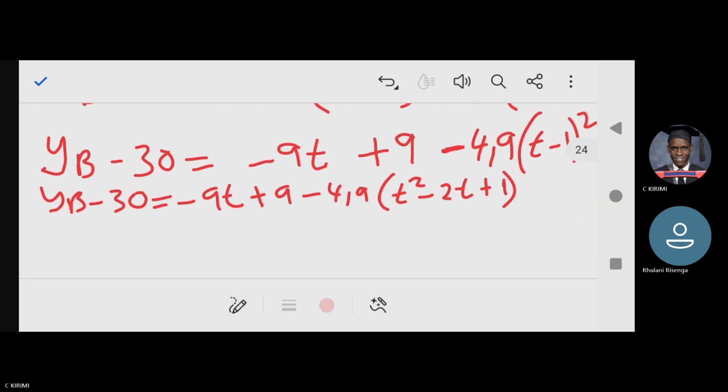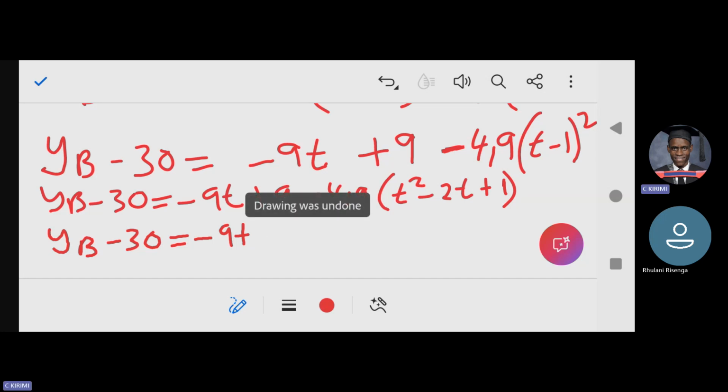Okay, then we expand further. yB minus 30 is equal to, we still have our negative 9t plus 9.